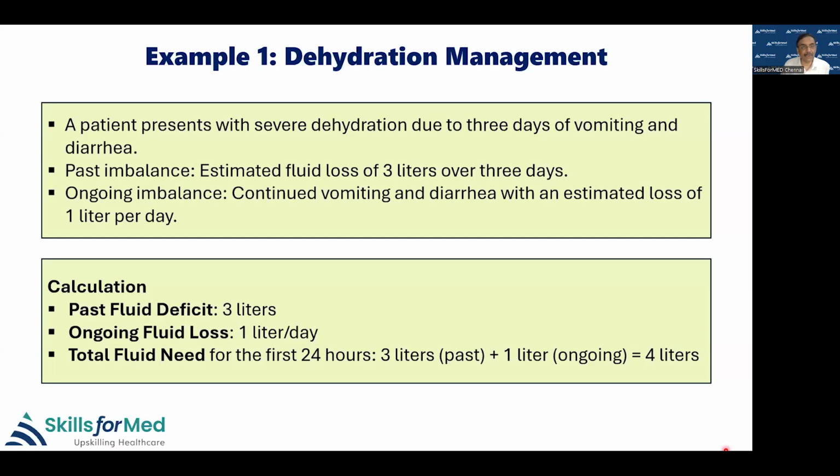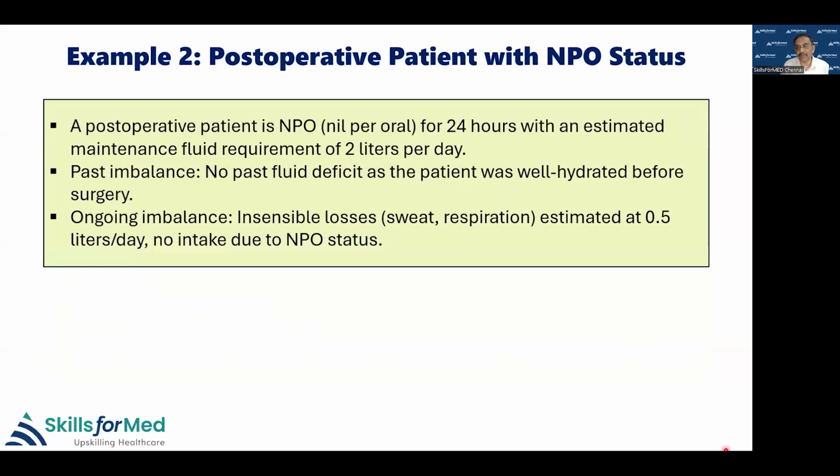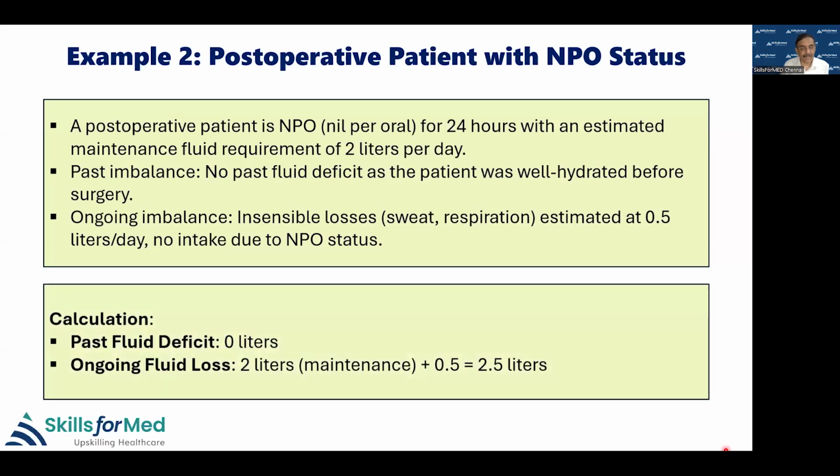Okay, so example 2 is about a post-operative patient who's not taking fluids. Here he has been hydrated well, and you're only going to look at the ongoing losses. So then it becomes very easy. Your normal 2 to 2.5 liters will take care of this patient's problem.